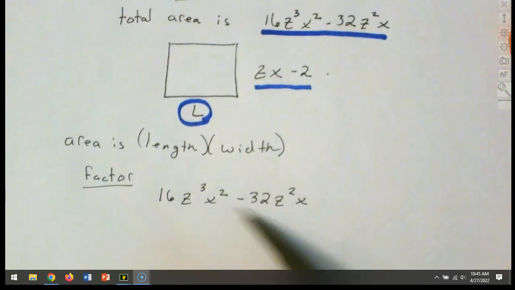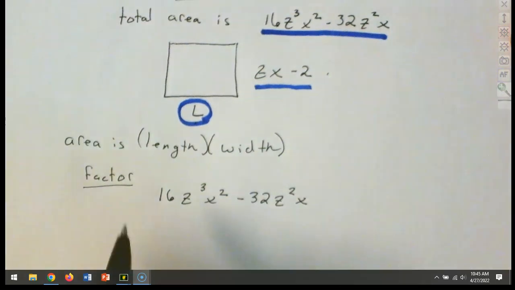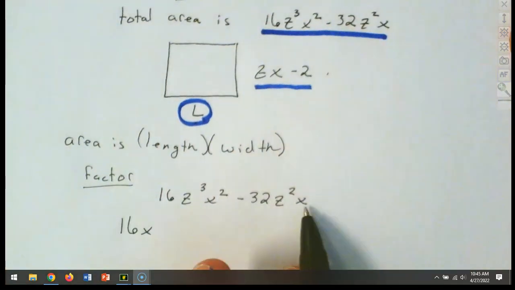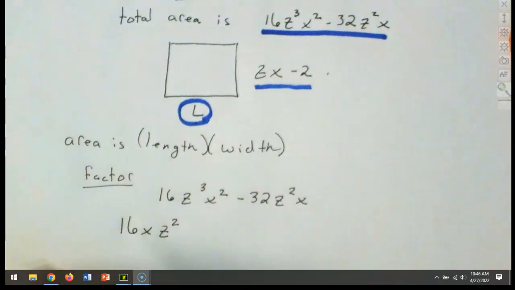What can I factor out of here to begin with? Can someone tell me? Okay, 16 for the number. And variable-wise, what can I factor out? Okay, it looks like an x, and what else? We can also take out a z squared. And if I factor that out, what's that going to leave you with?